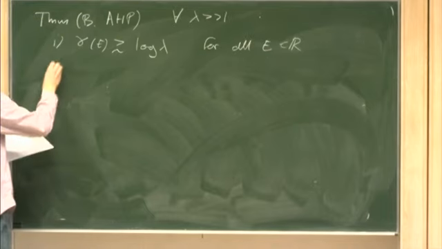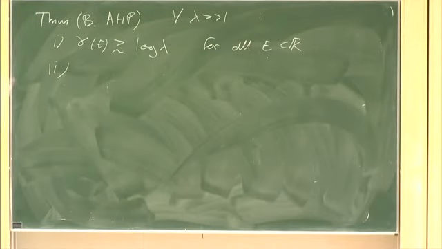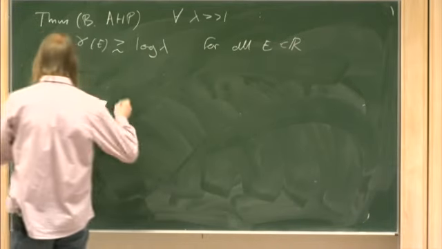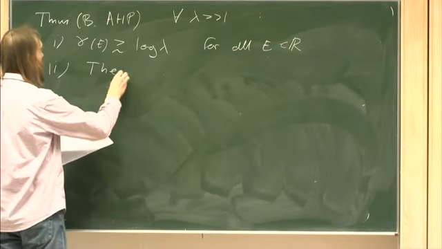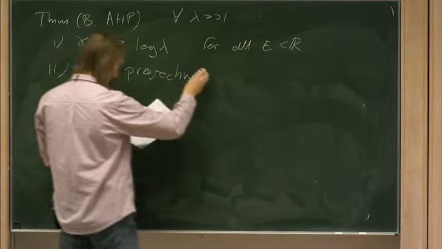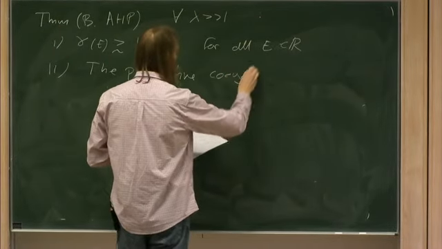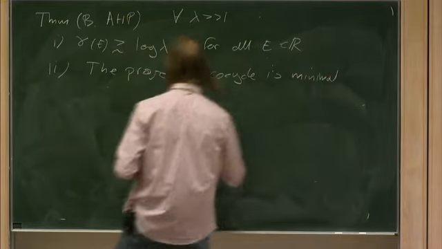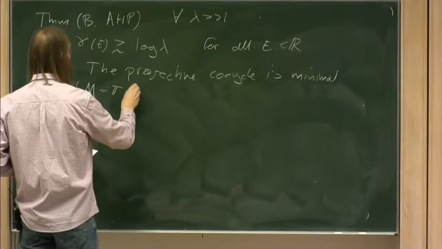And the second thing is that, since the spectrum is non-empty, there are parameter values for which we are non-uniformly hyperbolic. It means that we have these kinds of strange sets, and then you can ask, what do they look like? The second is that the projective cocycle is minimal, and being minimal means that this minimal set is the whole space.